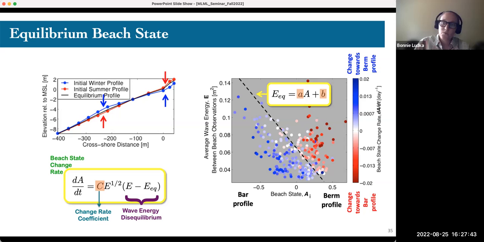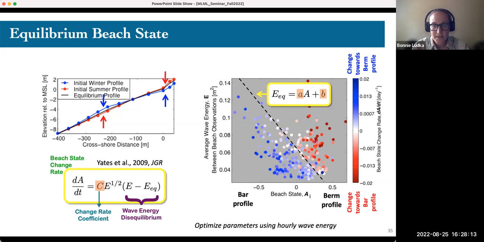So we want to see if we can use this model on a shorter time scale. To do that, we run the model forward a bunch of times and find the optimum values that match the data set, using a nonlinear optimization scheme. Basically, these parameters are optimized for hourly wave energy, so we are trying to take into account storms.